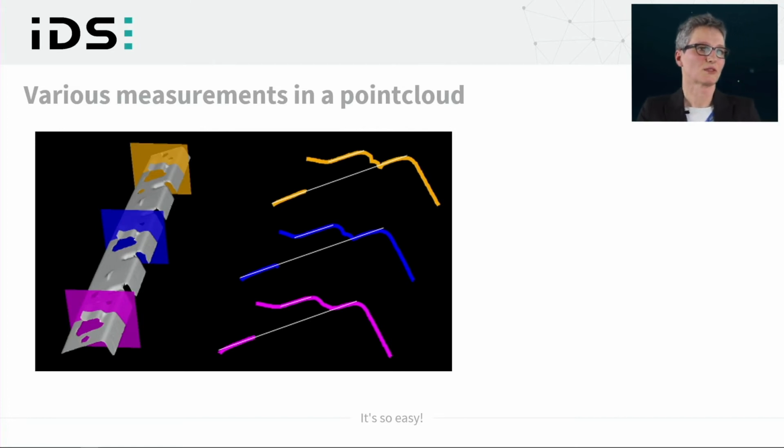And by sophisticated algorithms, you can cut the point cloud and do some measurements on the lines you see on the right side of the image, so you can check whether the bends are at the needed angle or not. You can do this with sophisticated algorithms you find in image processing software.